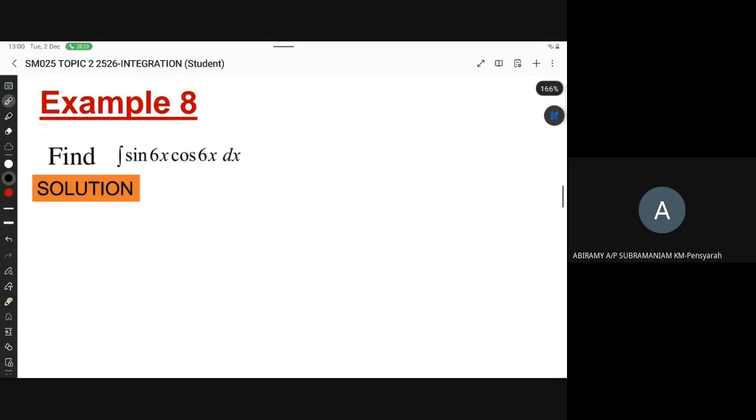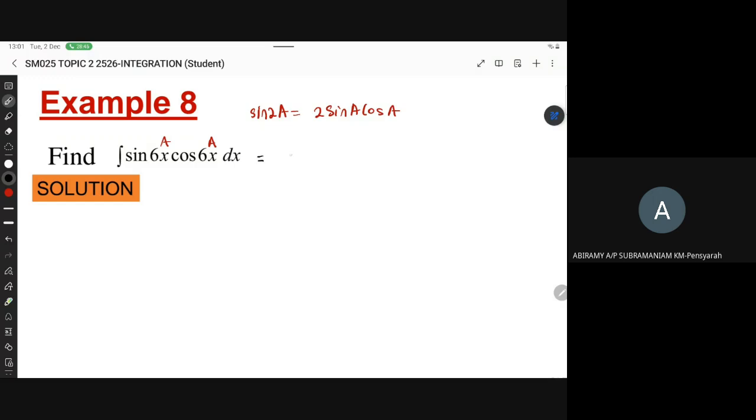For example, sine 6x cos 6x. Please take note that the angle is the same. So when the angle is the same, we can use sine 2a is 2 sine a cos a.